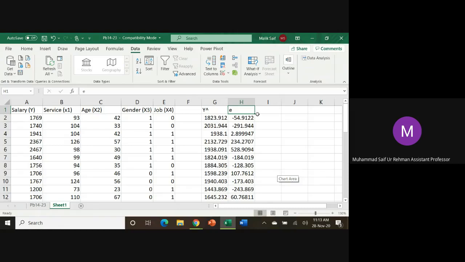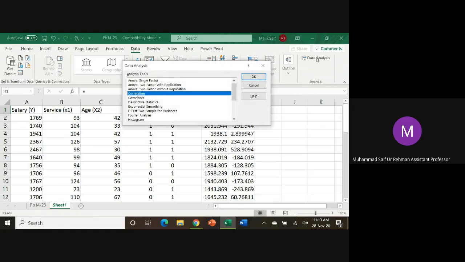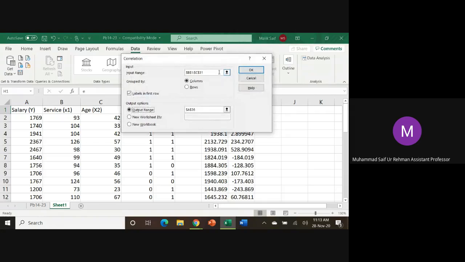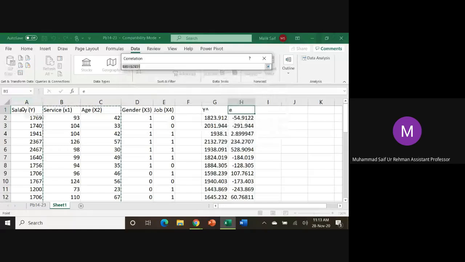For this, you will come over here in Data, Data Analysis, and you will press Correlation, then press OK. This window will be there, and then you would have to give the input range. The input range is this.